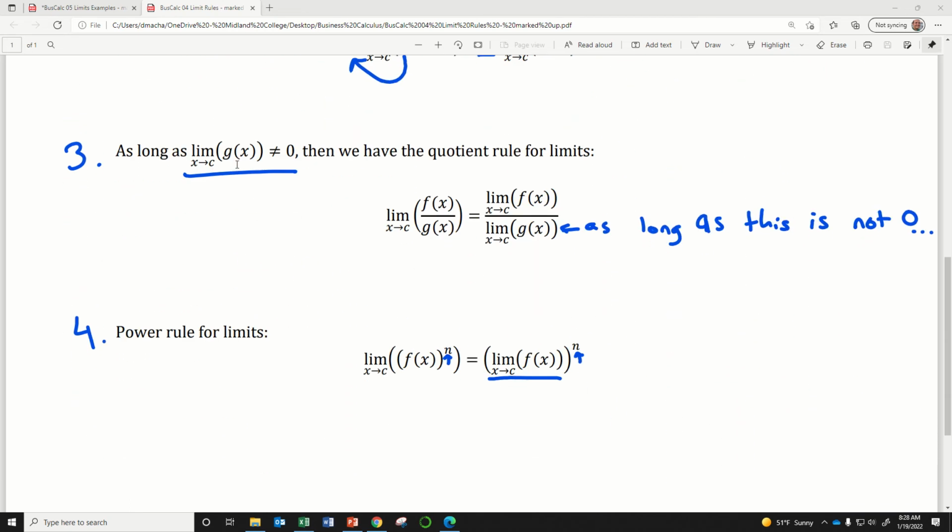We had this quotient rule, which says as long as the limit of your denominator is not equal to 0, then you can break apart a limit of a quotient into a quotient of two limits. So hopefully everyone sees this, and you can pause the video if you need a moment to soak that in.